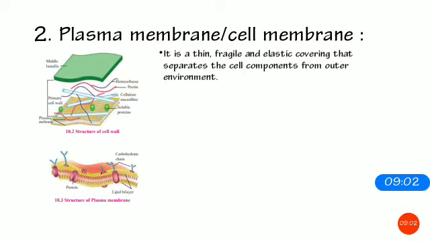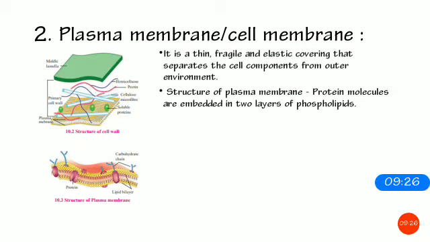You can get an infection, or any pathogen can enter and kill you. Pathogen means any external microorganism which can harm you or create an infection or disease. Similarly, the plasma membrane or cell membrane helps in that.